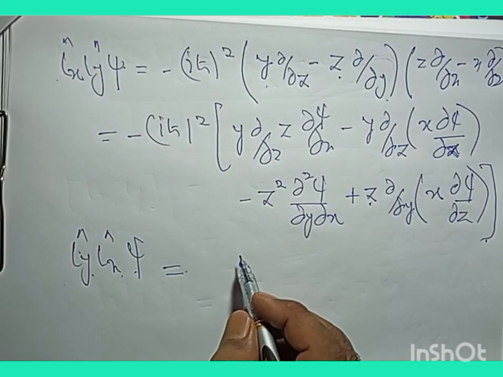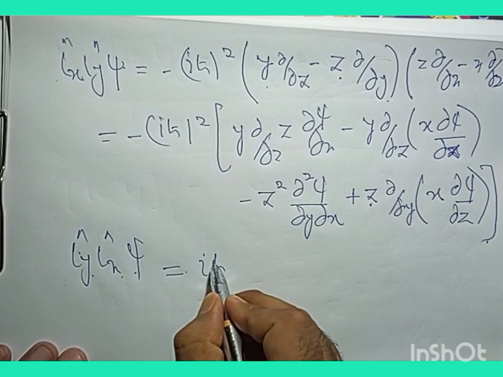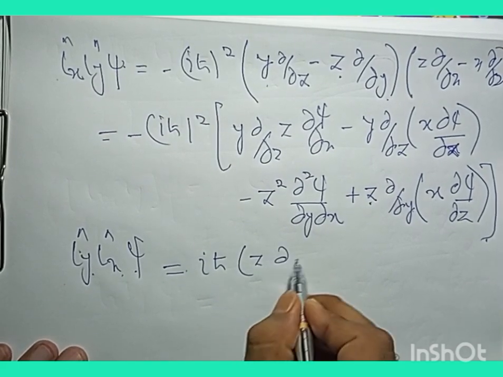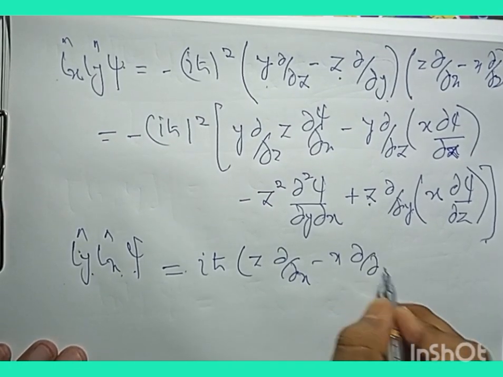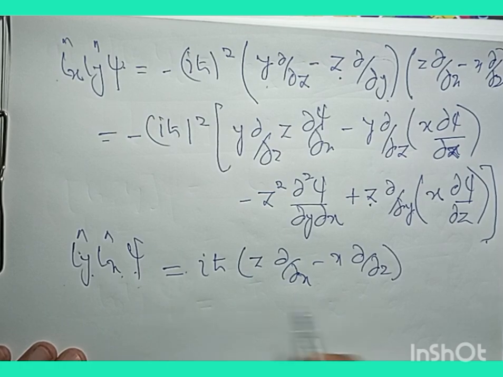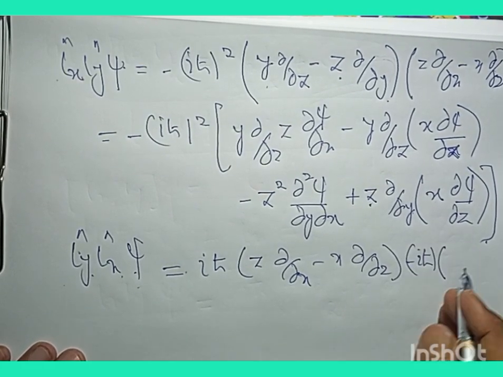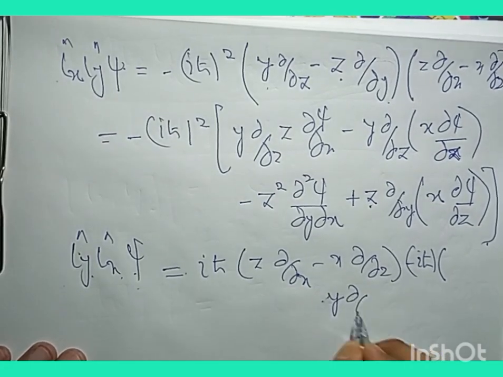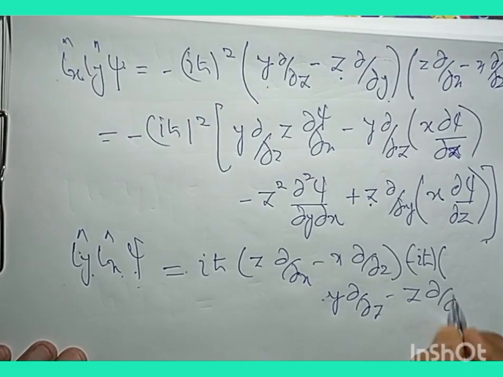So we can write down this as iħ times (z ∂/∂x minus x ∂/∂z). Then for Lx we will have minus iħ times (y ∂/∂z minus z ∂/∂y).